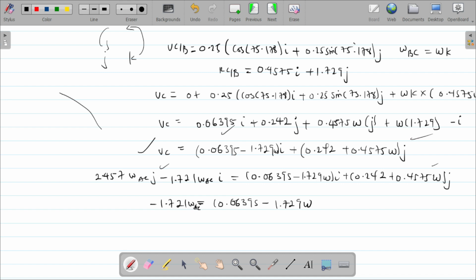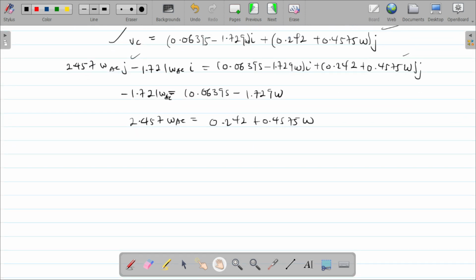And 2.457 omega AC should be equal to 0.242 plus 0.4575 omega. From here we can just group them, taking those with omega and adding to the ones here.